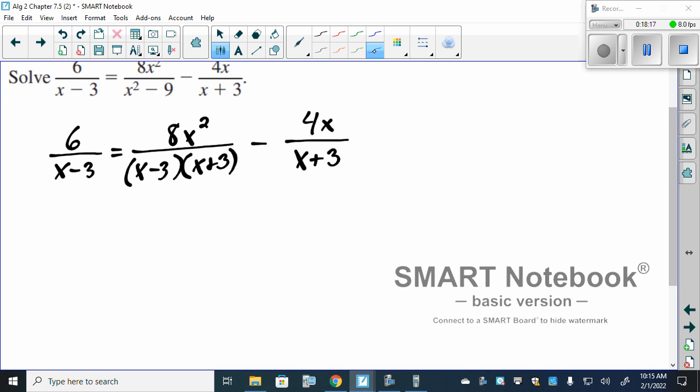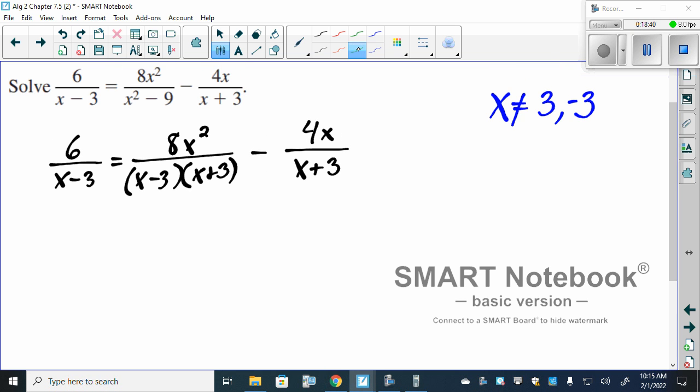But before we delve into it, let's see what our restrictions are. Because for x minus 3 in both of those, we cannot have x being 3. And for the x plus 3, we can't have it being negative 3. Because if we have either one of those values, it will make one of the denominators 0.